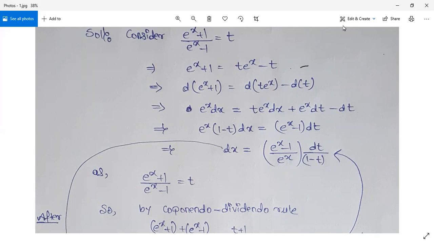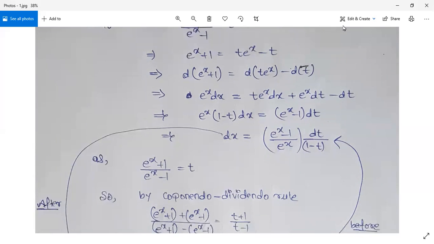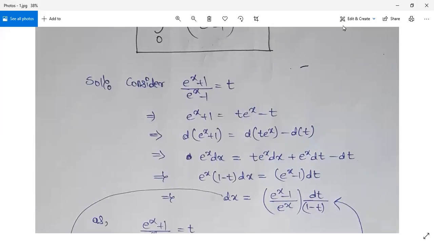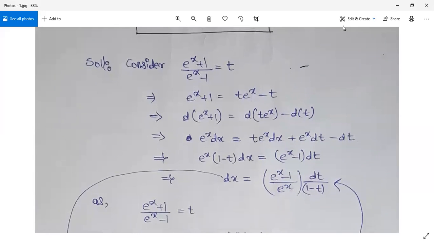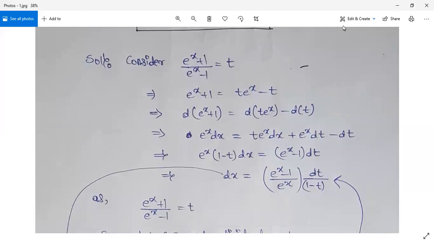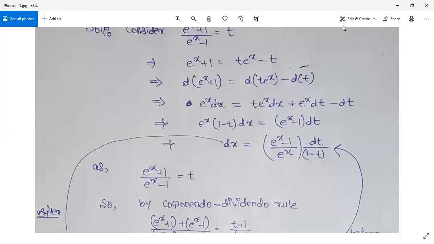And I have used the product rule of derivatives to evaluate t times e^x, which gives t times e^x dx plus e^x times dt. Here t is also a variable, because it is connected to another variable x.